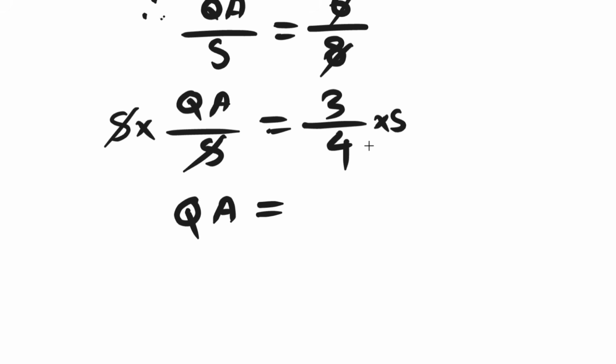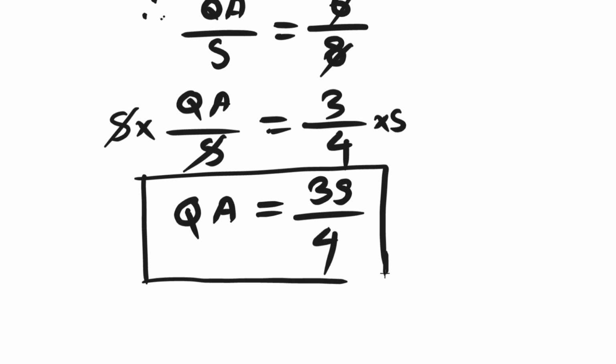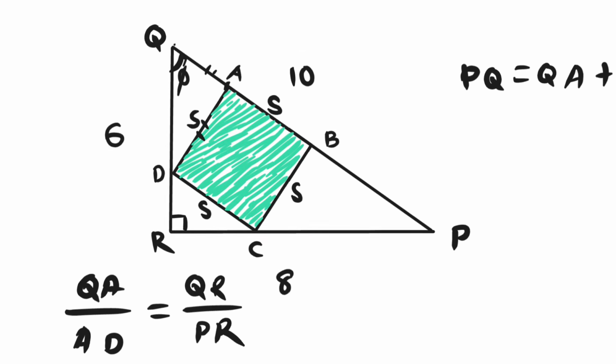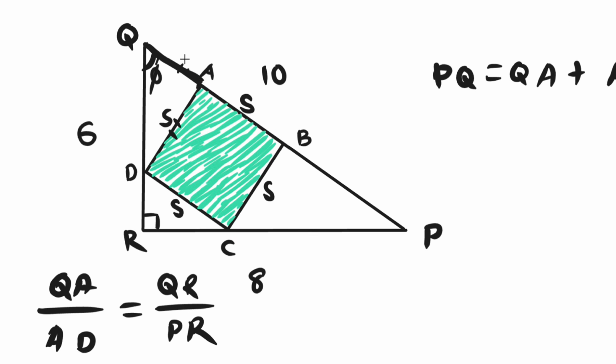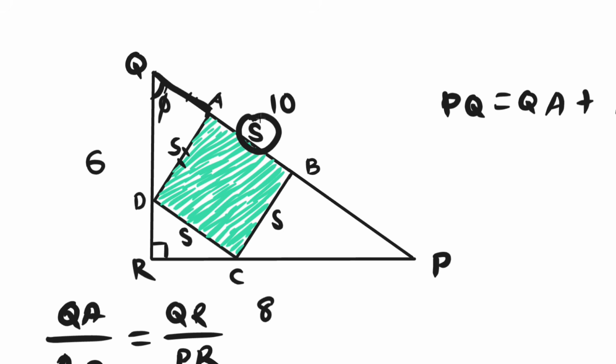On the right side, we get 3S divided by 4. Therefore, QA equals 3S divided by 4. Great. We now have our first segment written completely in terms of the side length of the square.